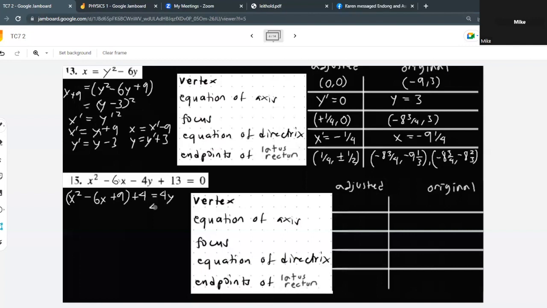Tapos y prime plus 3. So negative 1/4 plus 3.